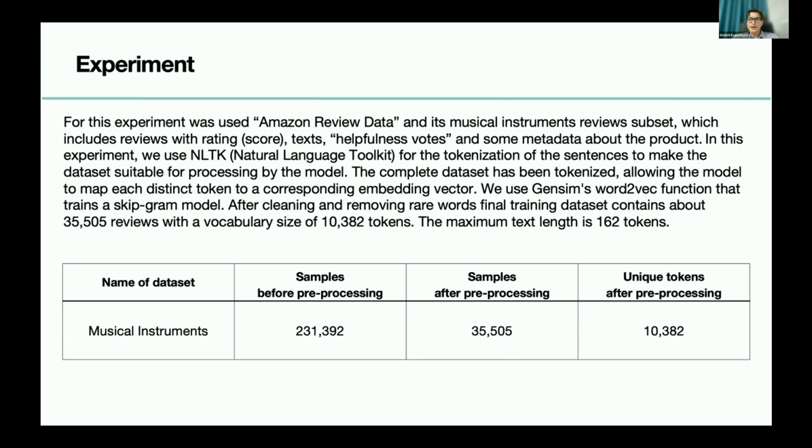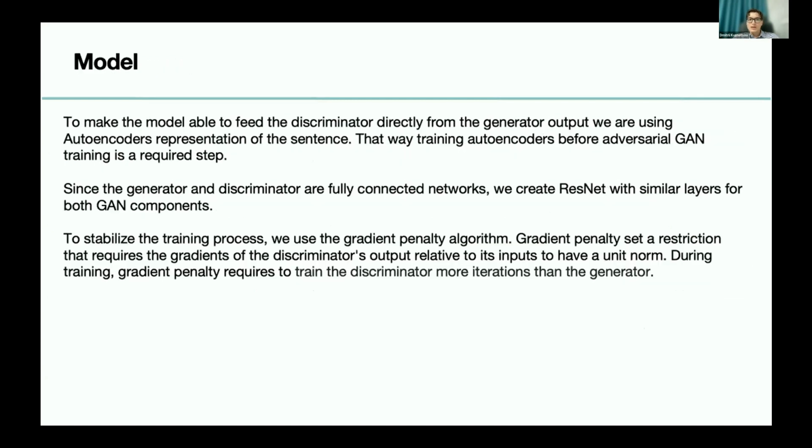For the word embeddings, the Natural Language Toolkit library was used, which simplifies our text preprocessing. About the model, we can say that to make the model able to feed the discriminator directly, we're using an autoencoder with the pre-training I already discussed before.